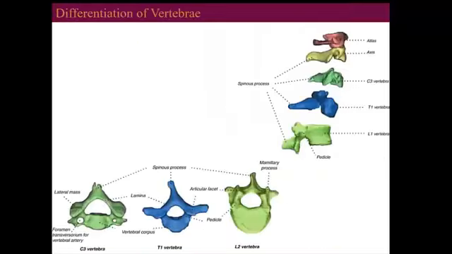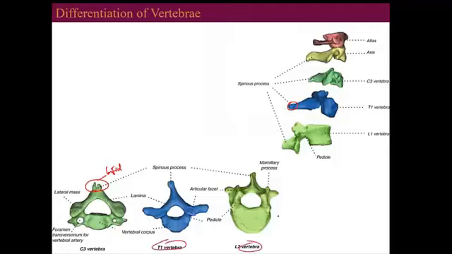Okay. So if you want to differentiate the different vertebrae, the cervical vertebrae has a spinous process that is bifid. And the thoracic vertebra is easily identifiable by the sharp spinous process. So that tells you that's your thoracic vertebrae.